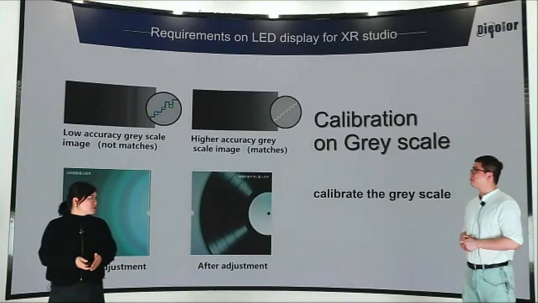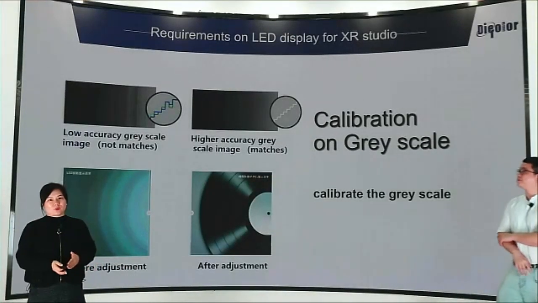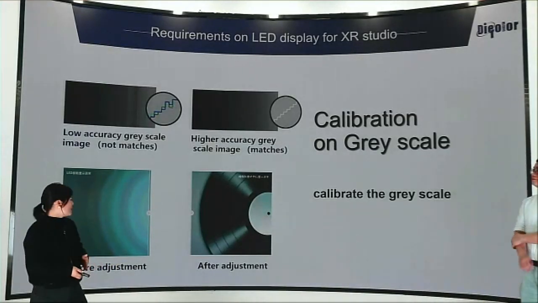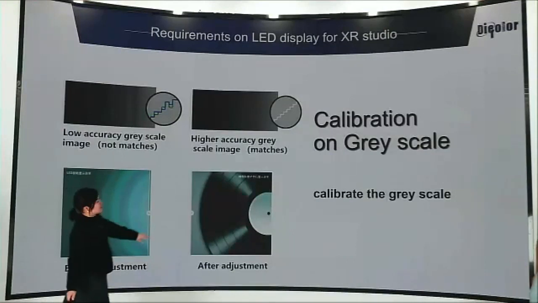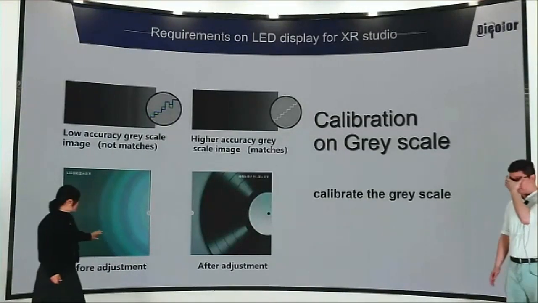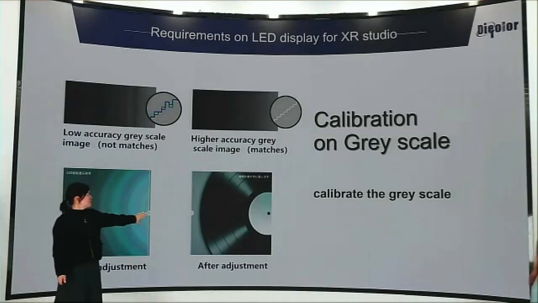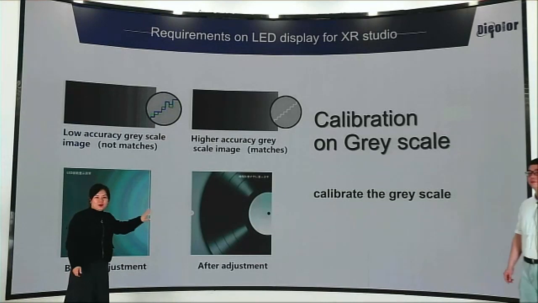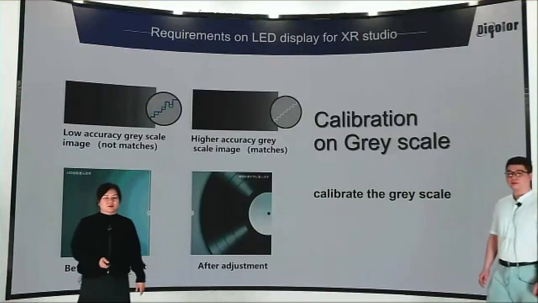And also, of course, we do some calibration on grayscale. We will calibrate the grayscale to reach this kind of effect. So this is after calibration, and this is before. So for XR Studio screen, we need the after calibration effect.